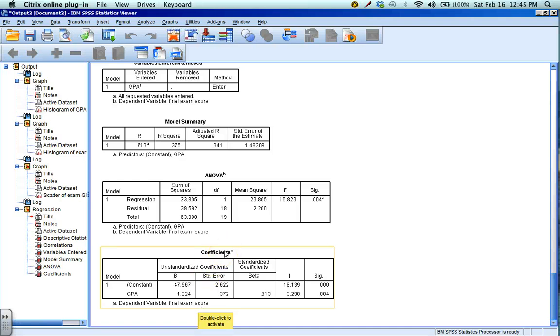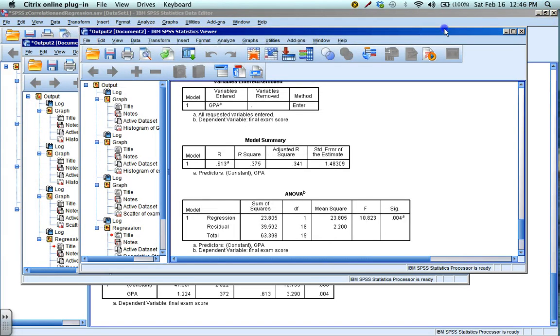When we write this equation, we need those coefficients, and we're going to talk about how you read them off. The constant value is 47.56, and the slope is 1.224. We'll be able to put that into the equation and come up with an equation for this particular predictor.